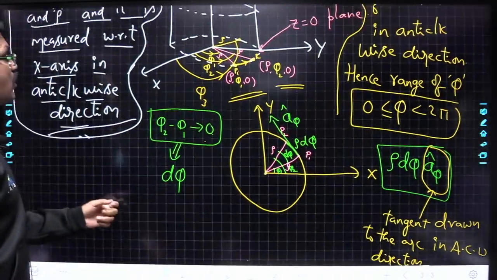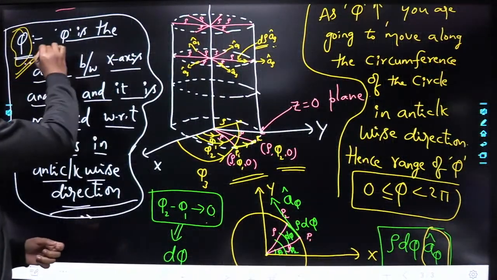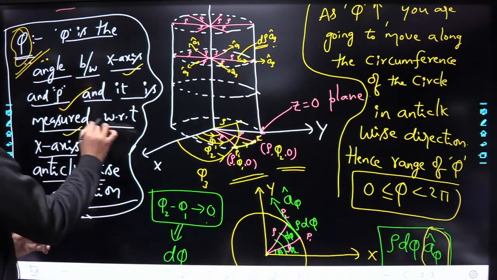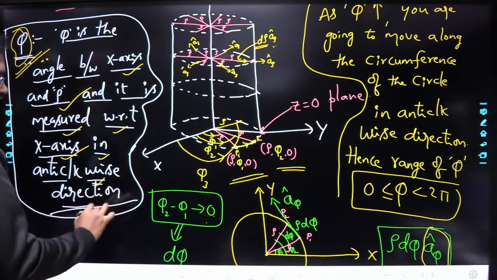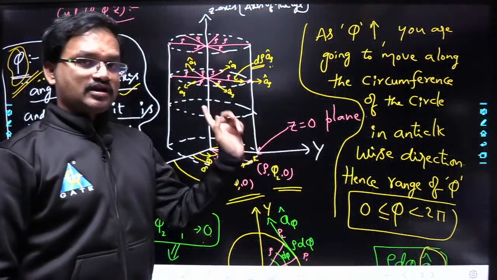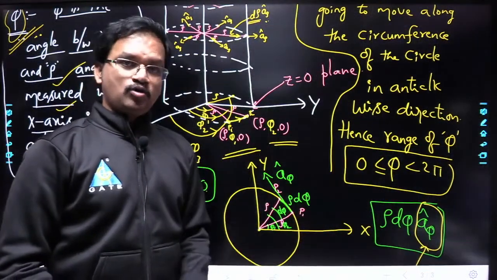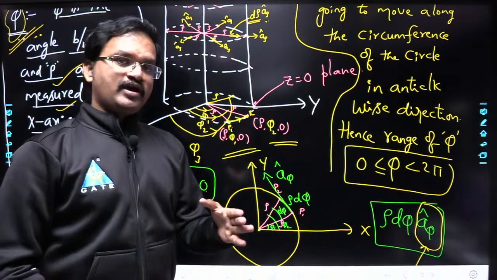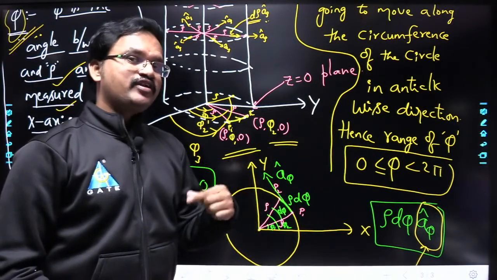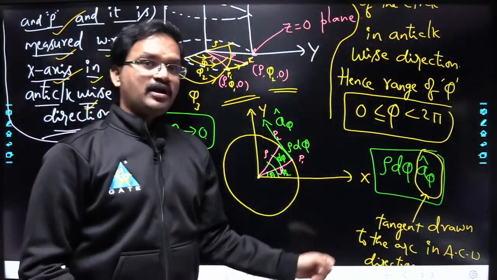So now we have understood what we mean by phi. Phi is the angle between the x-axis and rho, measured with respect to the x-axis in anti-clockwise direction. As phi varies, you move along the circumference of the circle, and hence the range of phi is from 0 to 2 pi. As you move along phi, you move along a curved path, and hence you have to consider the differential arc length along phi, which is rho d phi.